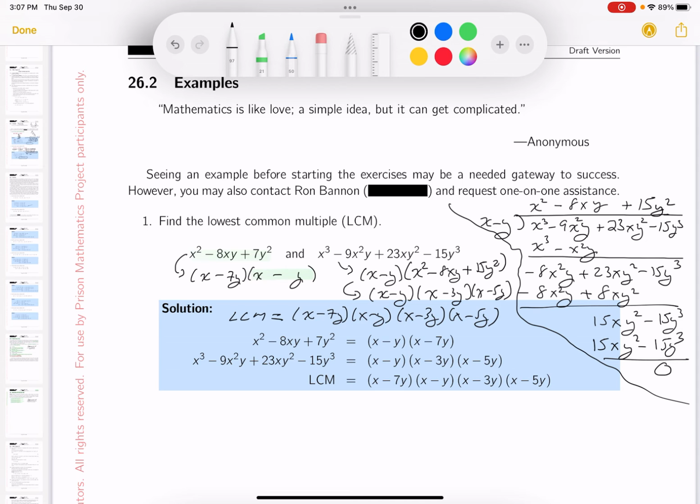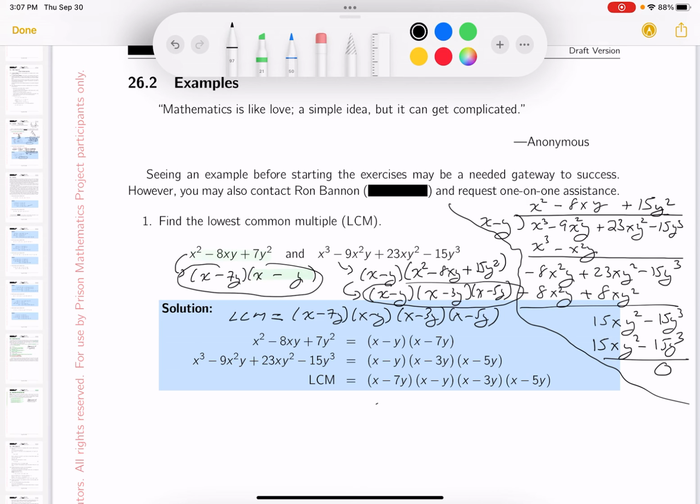So x minus 7y occurs at most once in any one of those factorizations. x minus y occurs at most once. x minus 3y occurs at most once. By the way, the factorizations are these. And then, last but not least, x minus 5y occurs at most once in any one of those factorizations.